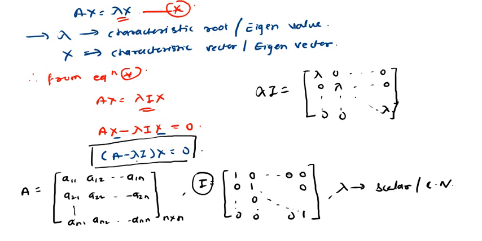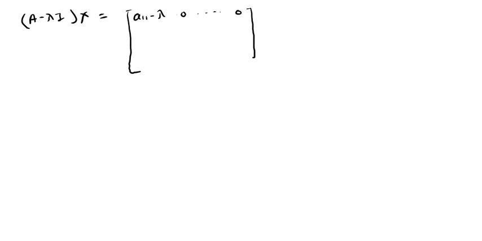Now subtract this matrix lambda I from this matrix A, and see what happens. We get the matrix A minus lambda I, multiplied by X, equal to this matrix: A11 minus lambda, 0 and so on up to 0, then 0, A21 minus lambda up to 0.